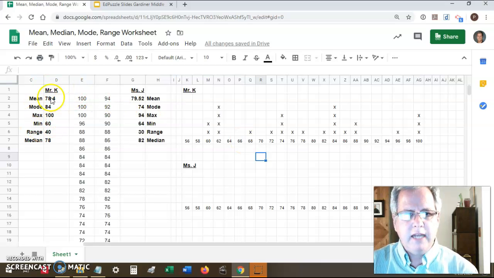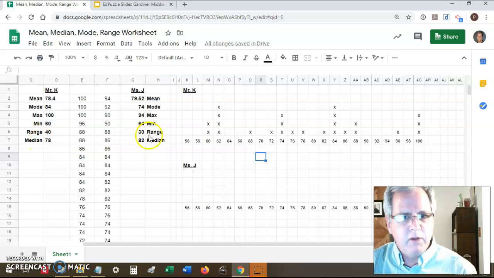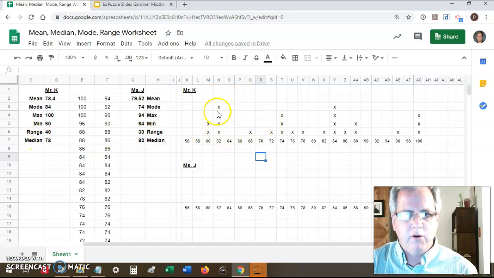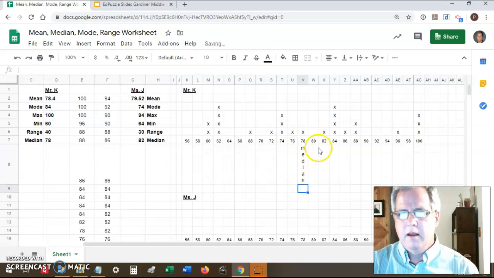And we can take some of the information about Mr. K's class and put it over here. If I wanted to find the median, the middle point, I would find the point at which half of the scores are below the number and half are above the number. And it turns out that the median is right here, 78.